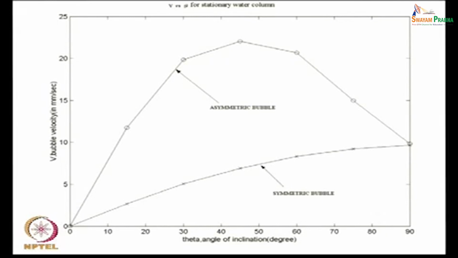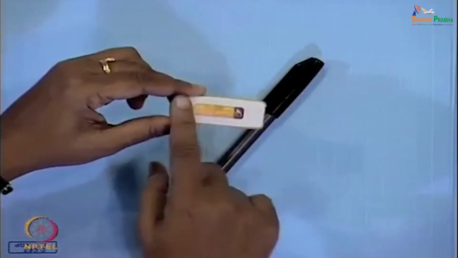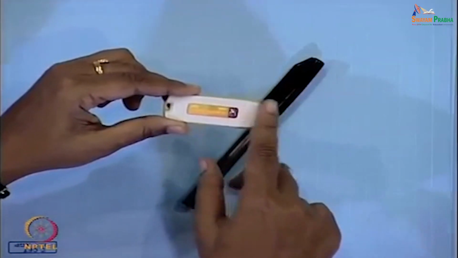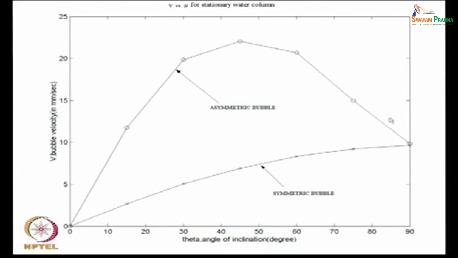When the bubble was in this particular orientation, when the broad face is perpendicular to the vertical axis, whatever we had seen earlier, the same thing happens. The rise velocity went on increasing with inclination, it reached a maximum and then it decreased.